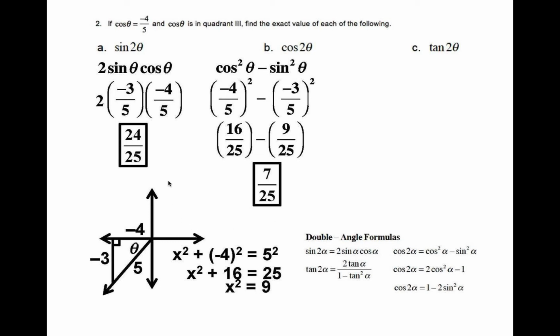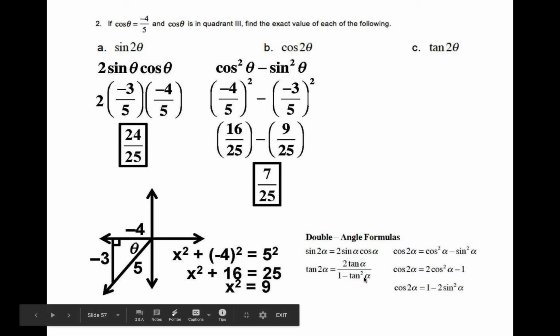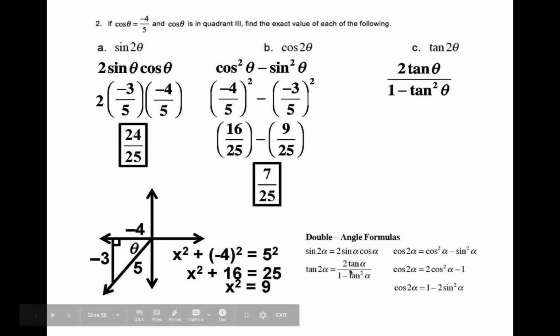So notice I can use my little trick where this is O over H, and this is A over H, and I know tangent is O over A. So I already know it's going to be 24 over 7, but I'm going to show all of this work. So my tangent formula is 2 tangent theta over 1 minus tangent squared theta.